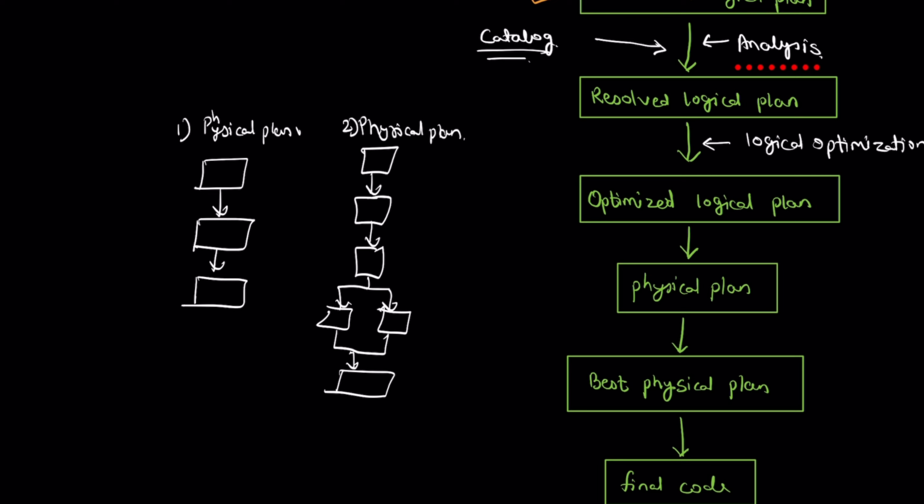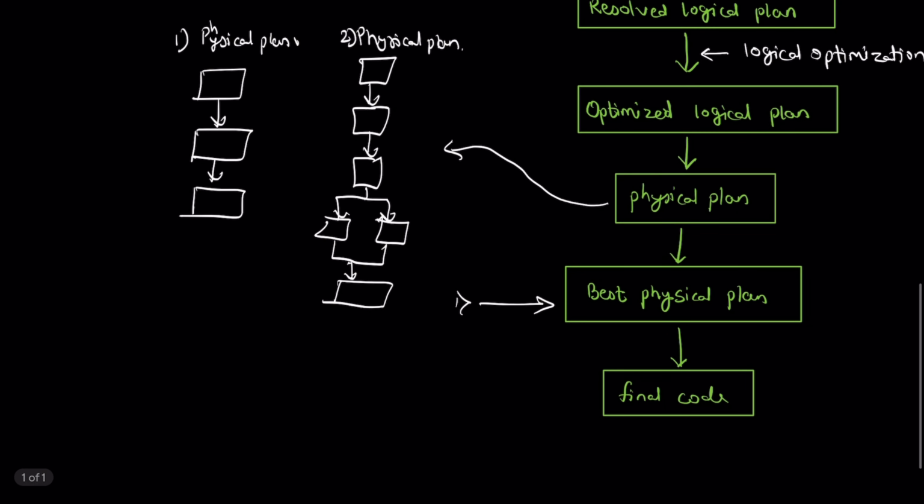So wherever we are having our cost as lowest and memory utilization lowest, Spark would be considering that as the best physical plan. Out of those physical plans, now Spark will be choosing one of the best physical plans, and it will be continuing with that.